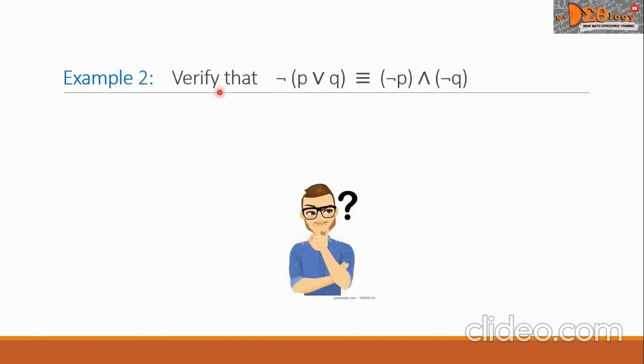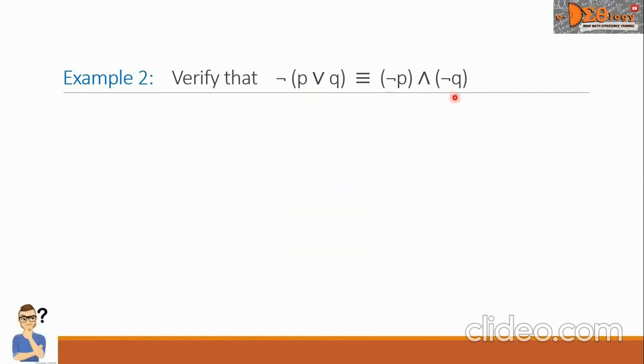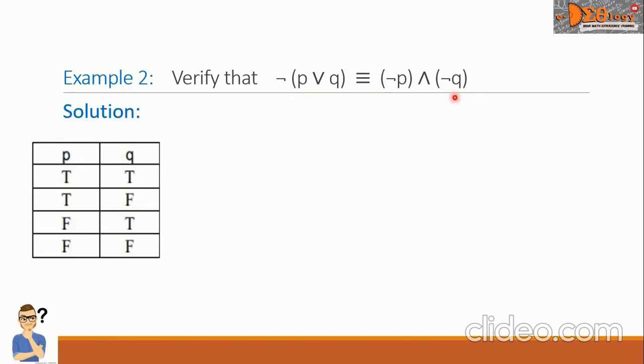Example 2. Verify that the negation of the compound proposition P or Q is logically equivalent to not P and not Q. Let's begin with writing our table for P and Q with the corresponding truth values.